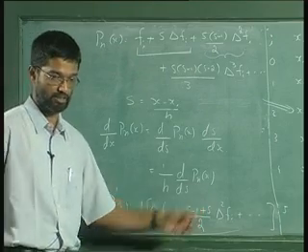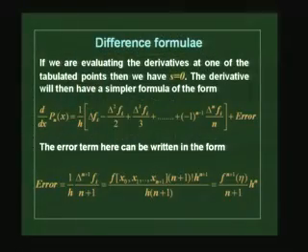We just take this, and I can write it in this form. The full expansion would be something like this. What I have done is evaluate the derivative of the polynomial of the set of data points at one of the tabulated points, entering the difference table at that point, so s equals 0.